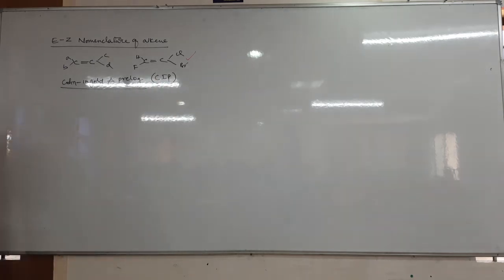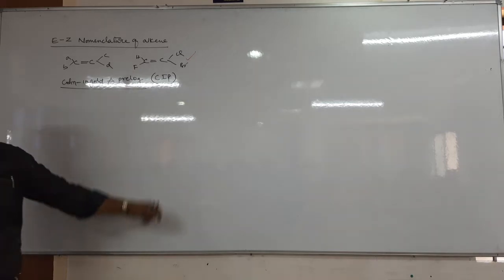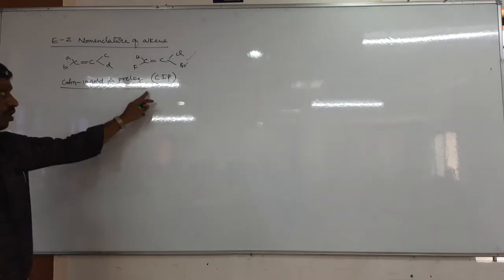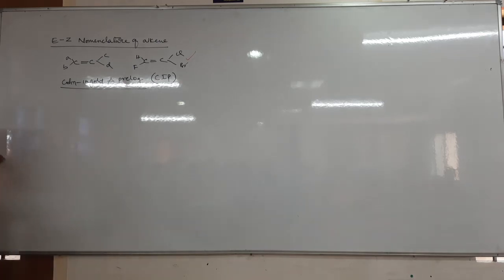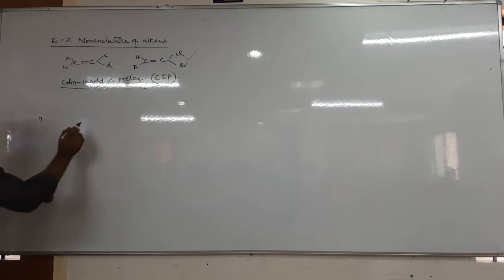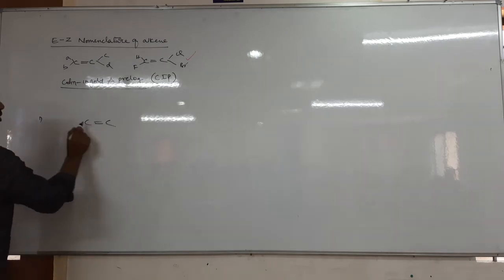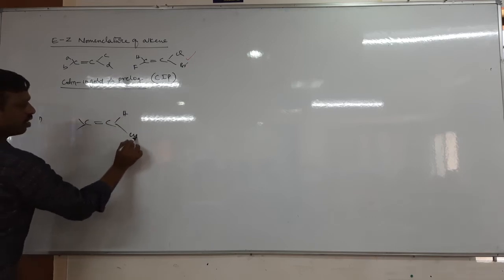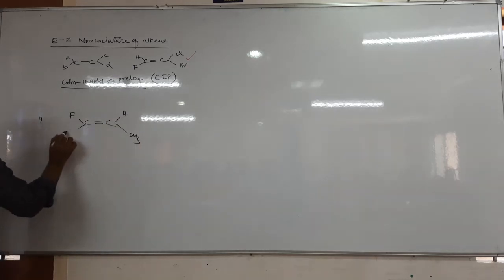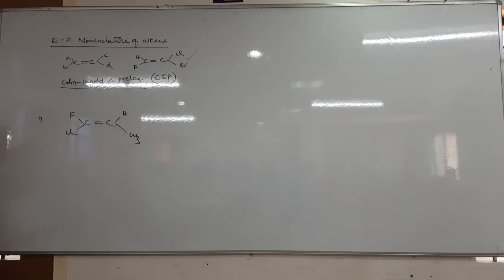Cahn, Ingold, Prelog rules. It is very simple, and there are 3-4 rules. Let's say the first rule: let us take a double bond carbon having hydrogen, methyl, and let me take fluorine and chlorine. What is the first rule?